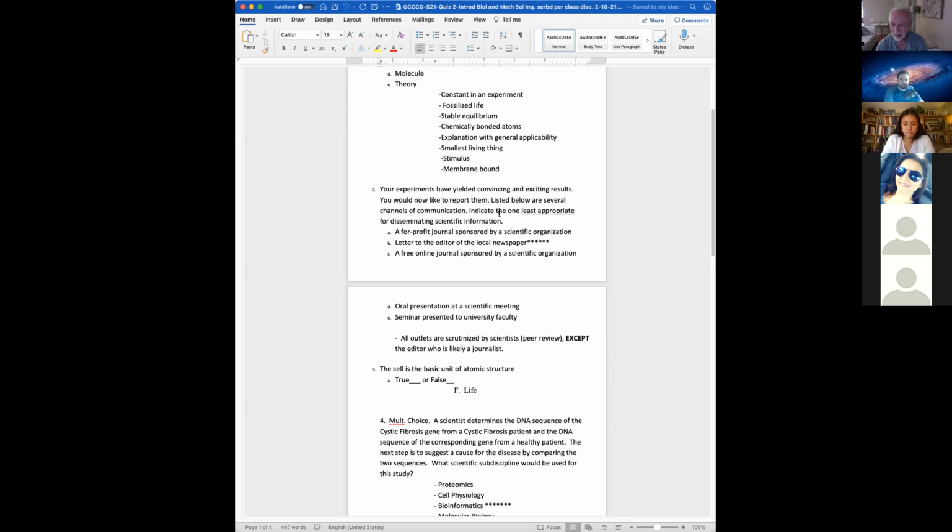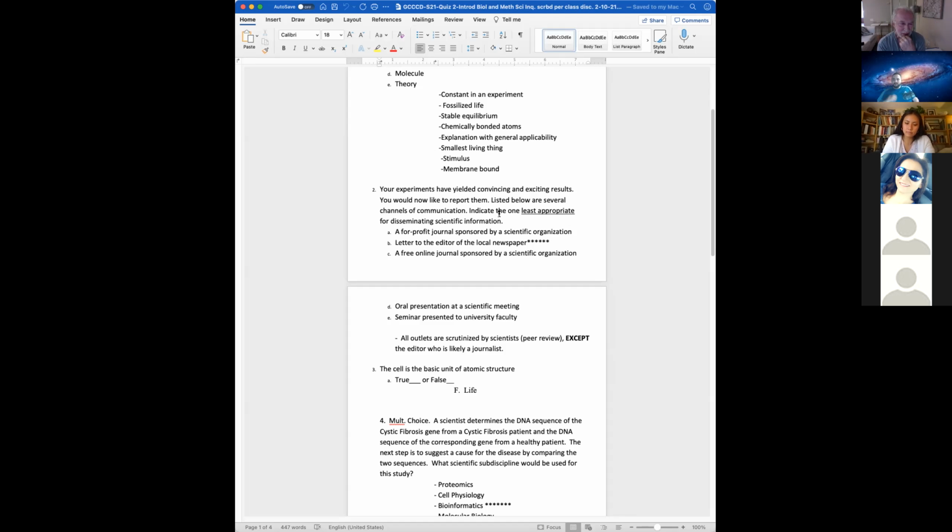Zach Newschuler here. For one, it's scale. It's not going to get out to very many people, so it'd be very difficult to get out to the scientific community at large. But also, letters to the editor are generally opinion pieces and are not fact. Good point. They're opinion pieces.